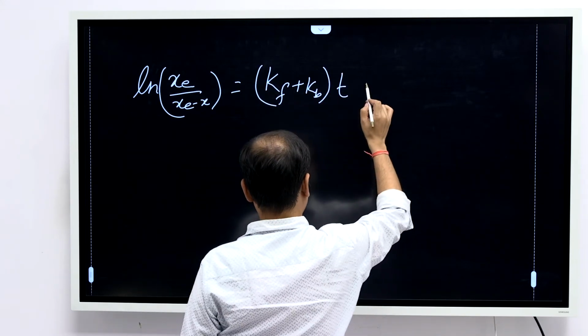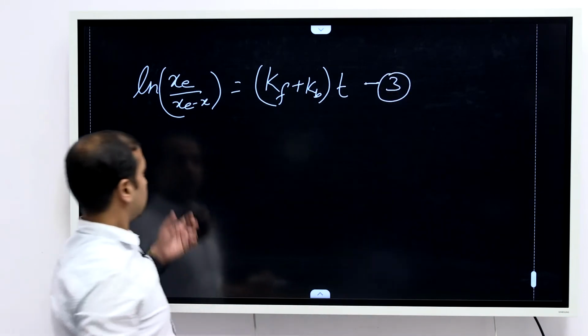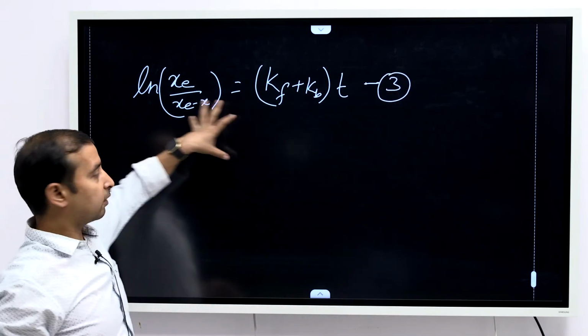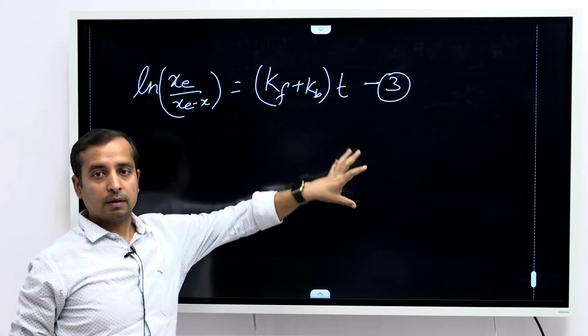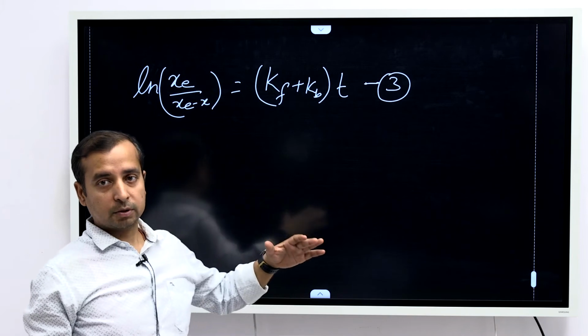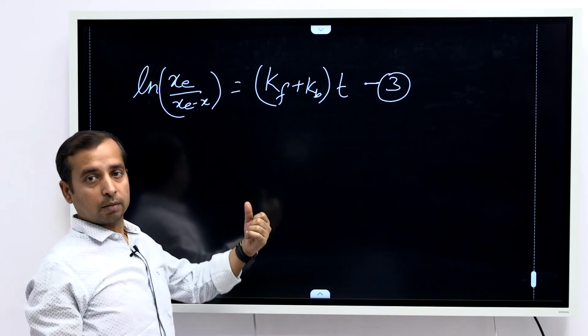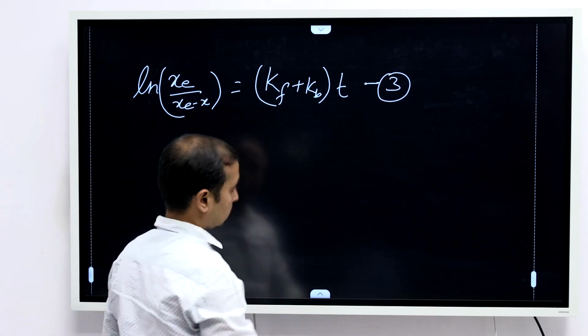So this is the final rate equation, or we can say this is the final equation for reversible first order reaction, a first order reaction opposed by a first order reaction. Now we will try to do some problems based on this.